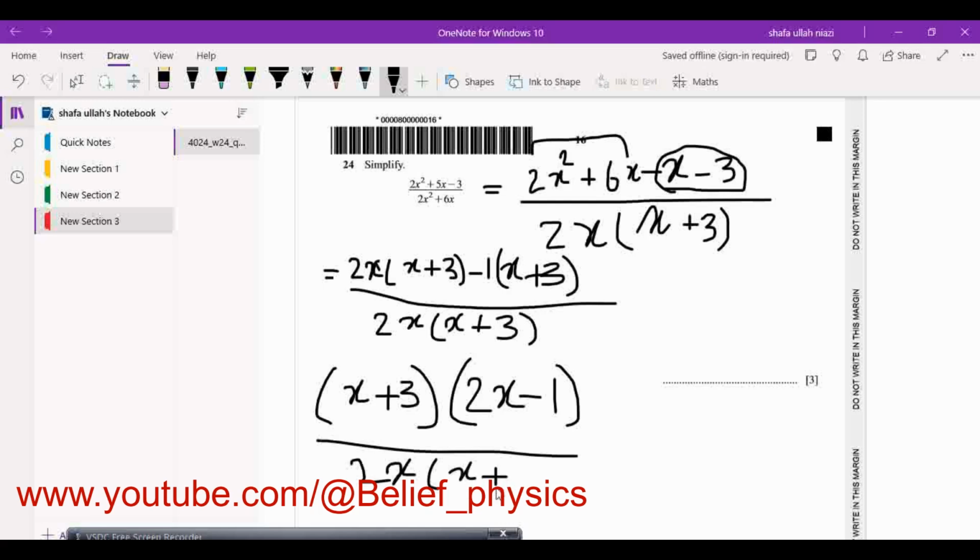So be careful, we cannot cancel this 2x with this 2x because they are not for the whole number, it is only for this factor that is common, not from the whole.